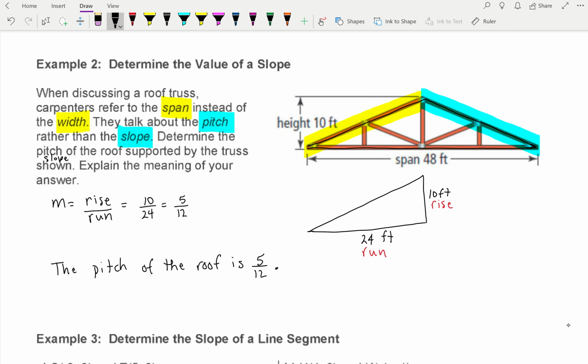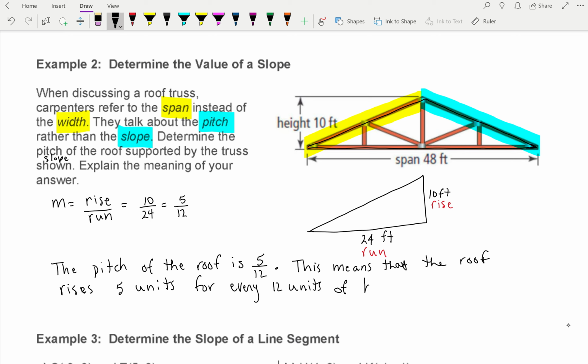This means that the roof rises 5 units for every 12 units of horizontal distance.